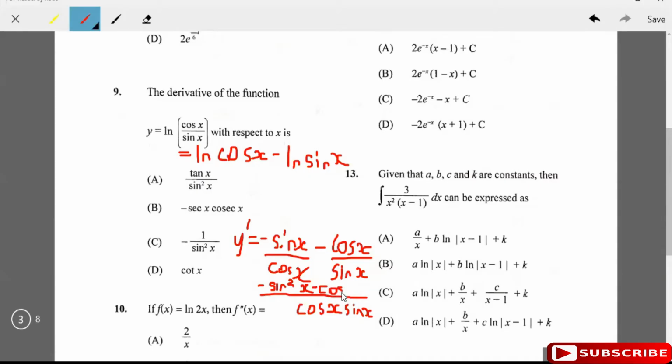Now minus sine square x minus cos square x is what? That's negative 1 in the numerator. So the numerator works out to be negative 1 over cos x sine x.